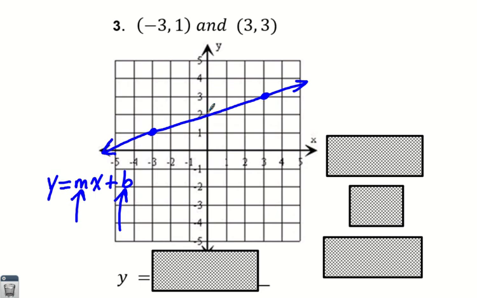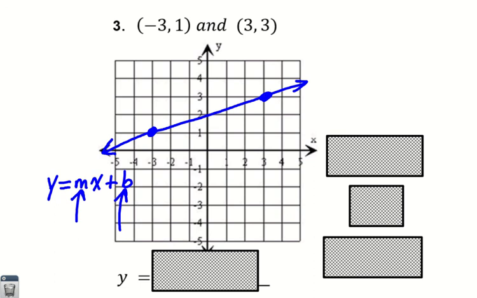But let's not 100% assume that automatically. I know that this is a point, and I know that that's a point, so let's count from this point to this point. That's a rise of up 2. So up 2 over 1, 2, 3, 4, 5, 6.